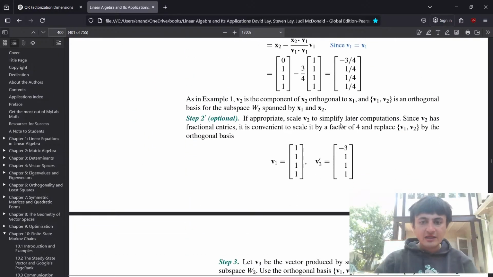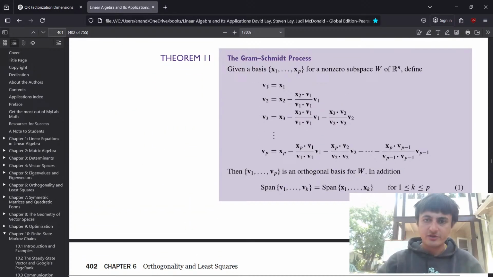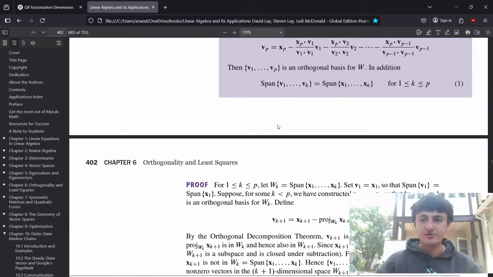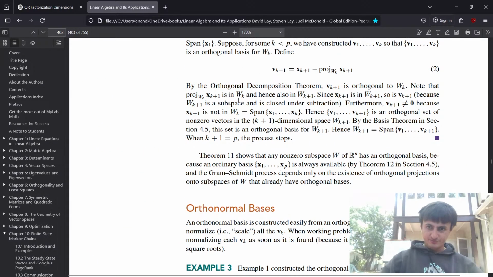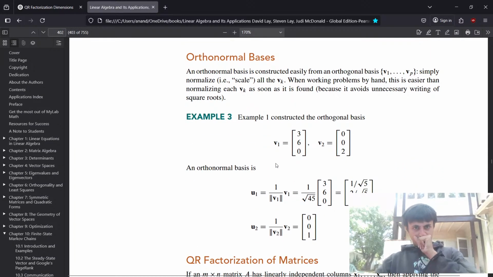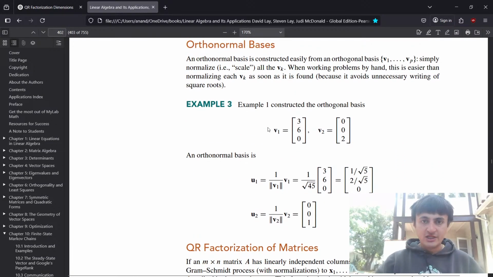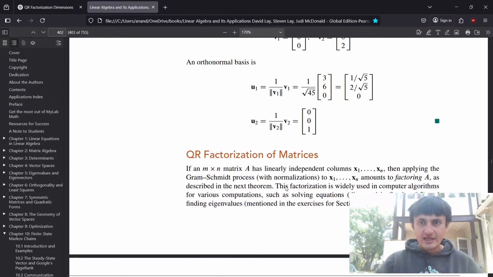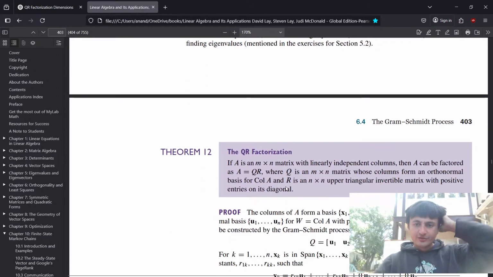Anyways, if you iterate that process, you get what's called the Gram-Schmidt process, where you just keep projecting onto the last subspace that you had. You can prove it, and then this section shows you how to normalize, and you just divide each vector by its norm. And okay, then they go into QR factorization.